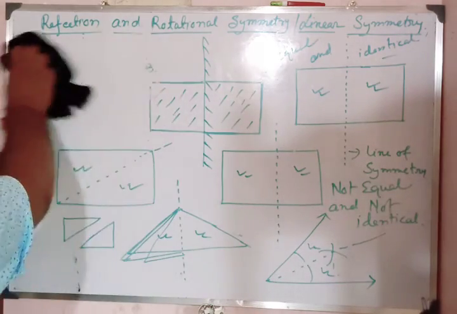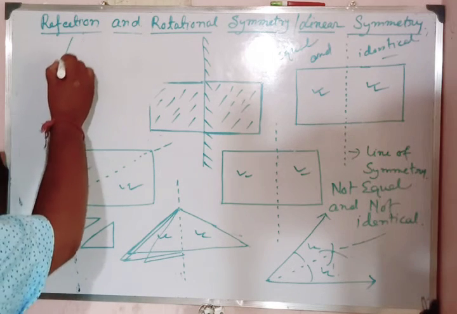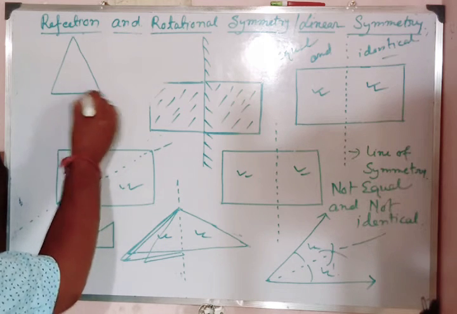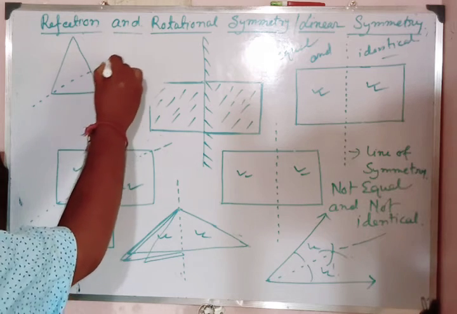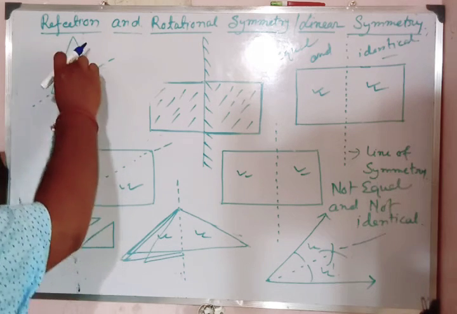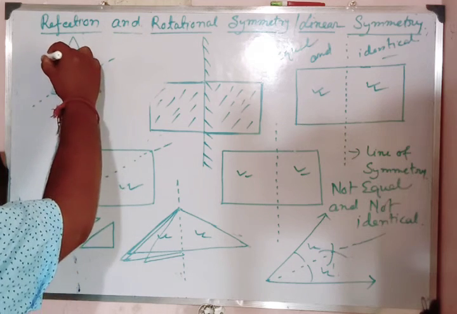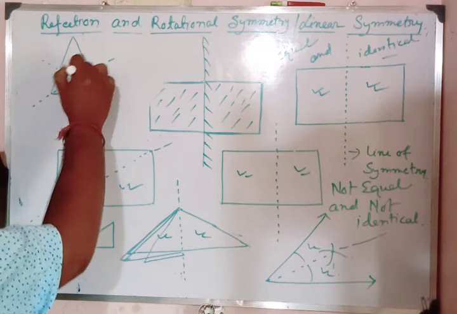Similarly, if we take one triangle, that is one isosceles triangle, and draw one line, we can see that the parts are not identical. If we draw another line, we can see that they are not identical.